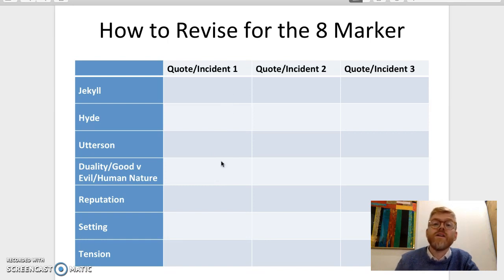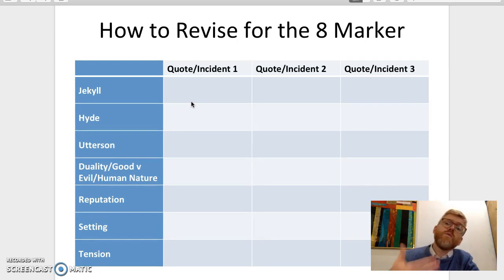So that quote that I often say is maybe one of the most useful in the whole novella: "Man is not truly one, but truly two." I think it is. That tells us a great deal about duality, about good versus evil, about human nature, but it also, to an extent, tells us about the character of Jekyll.